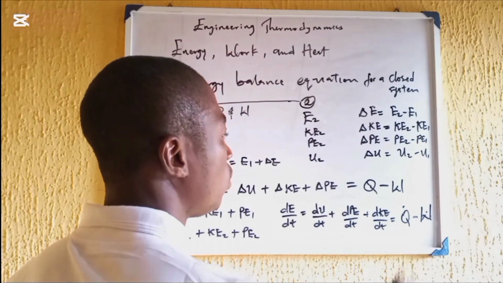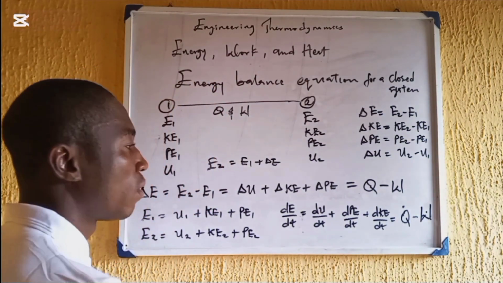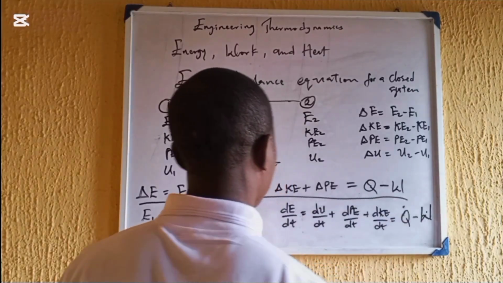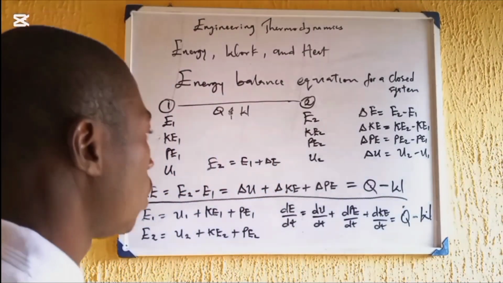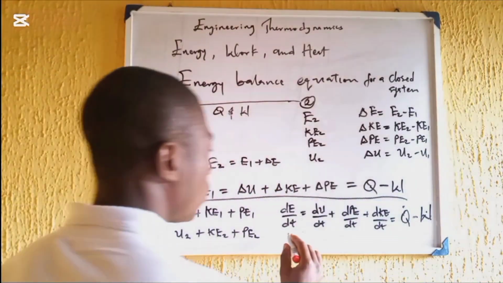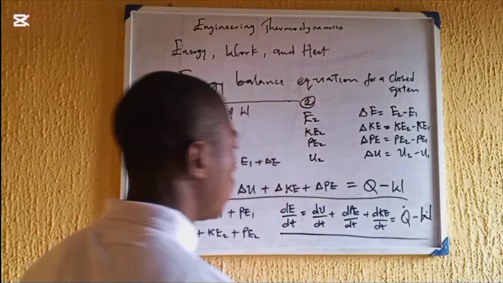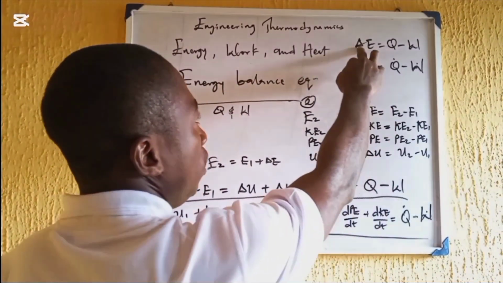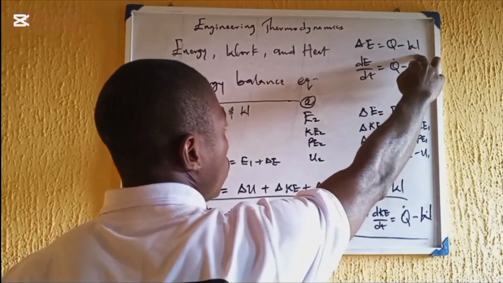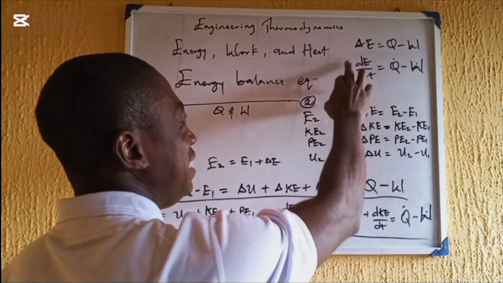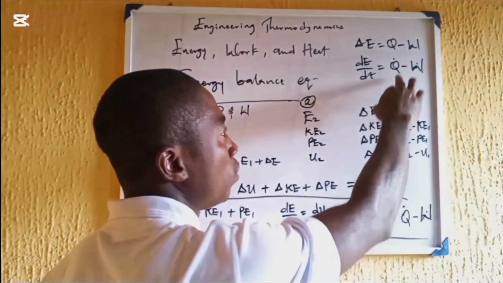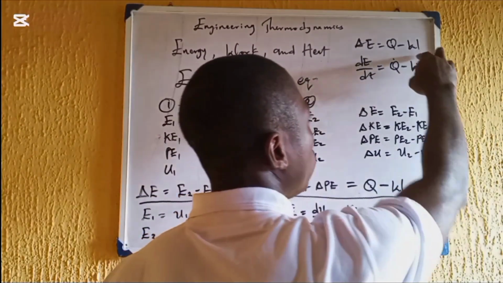Then minus W dot, the rate of energy transfer by work. So this is the energy balance equation for a closed system, whereas this has to do with rate of energy transfer. So we can say change in E is equal to Q minus W, whereas dE/dt, that's the rate of energy transfer, is equal to Q dot minus W dot.